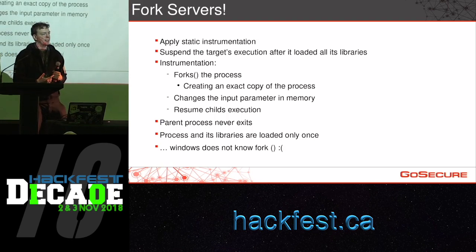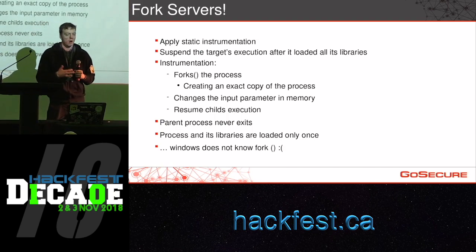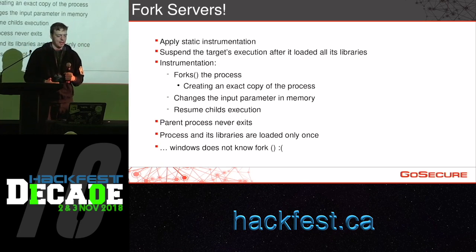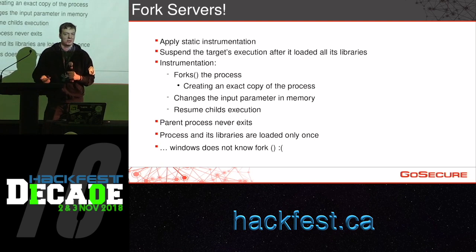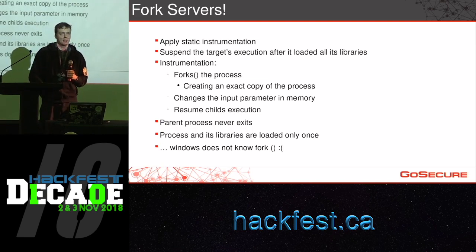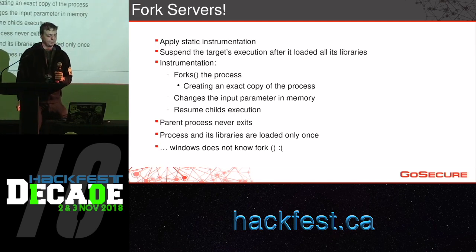And Linux fork basically means it creates a complete copy of the program, which includes all the libraries and so on. And so we have an exact copy of our program that we want to fuzz, and then resume the execution of our copy. So by doing this, we avoid that we have to restart the program, because all we do is we take a snapshot of an already running process and resume its execution.